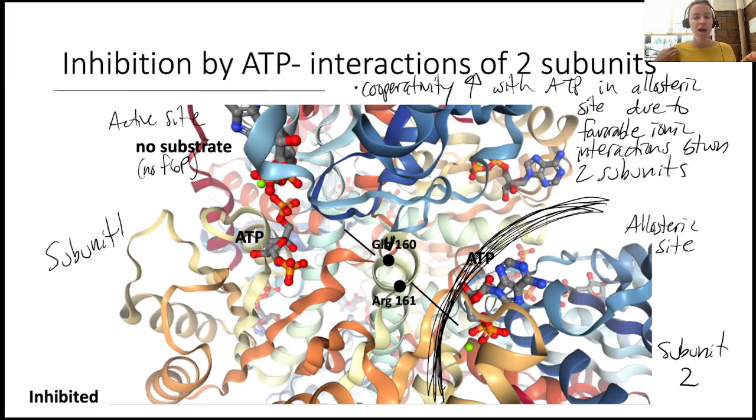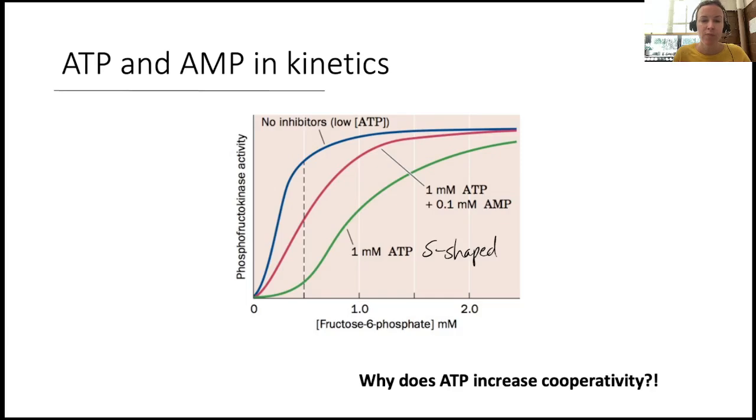Okay? This increase of cooperativity is what we're seeing because of this attractive ionic interaction through Coulomb's law, with a positively charged arginine in one subunit interacts with a negatively charged ATP in the allosteric site of another subunit. And so that's why we see this increase in S shape when we add ATP to the curve.